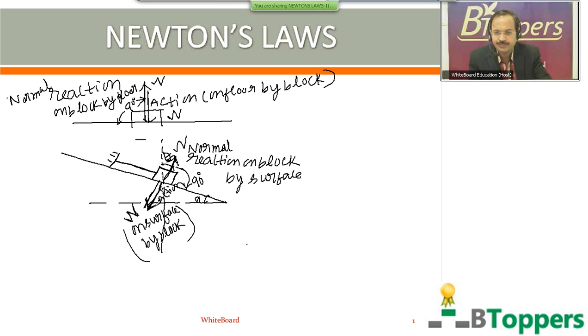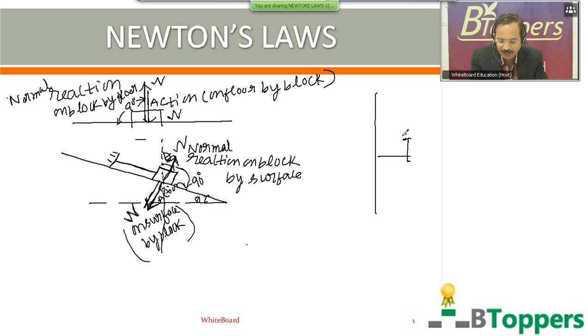Now let us consider another case where a block is pressed against a vertical wall by applying a horizontal force. Again, here we are not solving a problem at present.